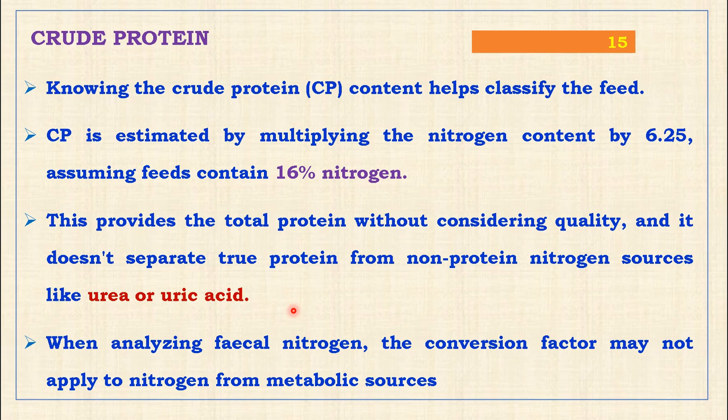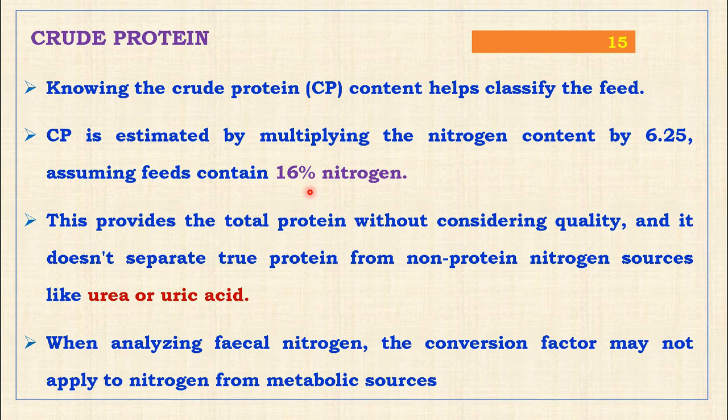The protein content helps to classify the feed; most of the feed in Indian cities, as per the BIS standards, is classified depending upon the crude protein content. It is estimated by multiplying the nitrogen content by 6.25, assuming that the feed contains 16% nitrogen.